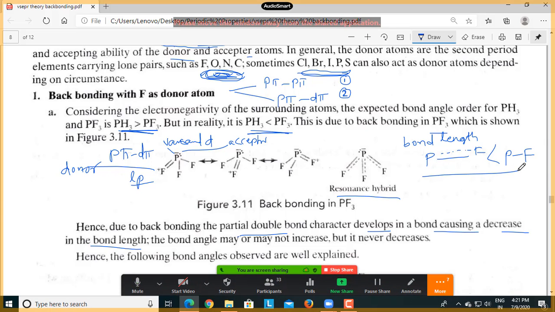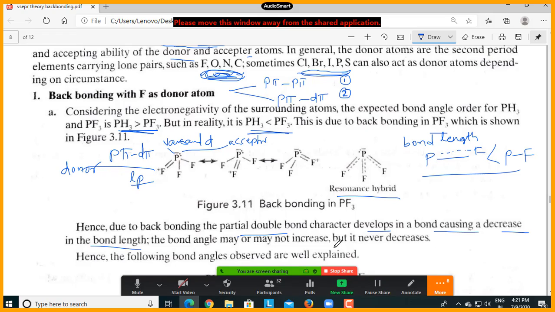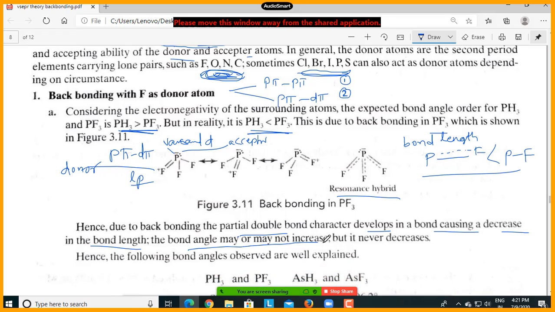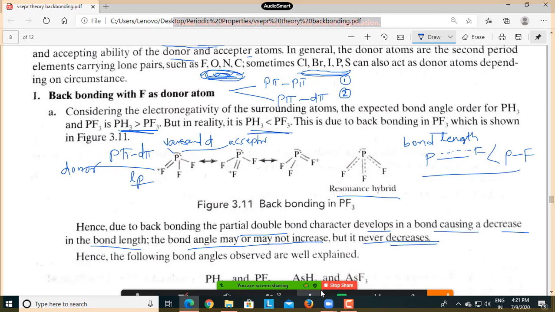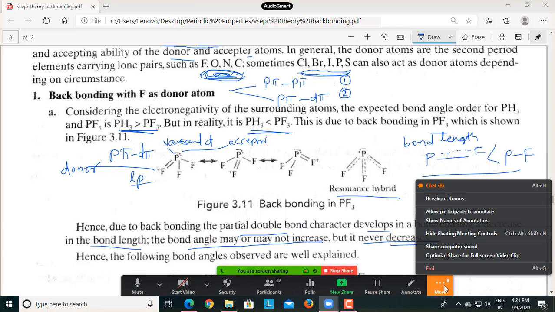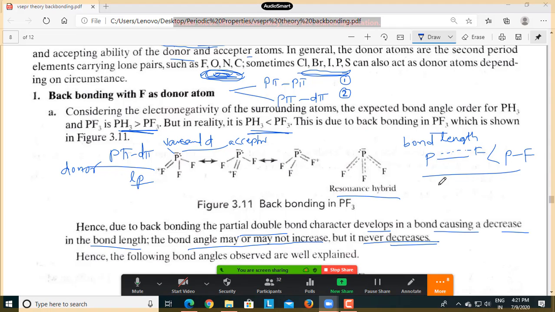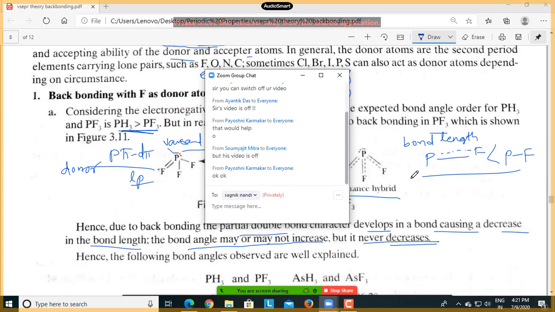Similarly, PH3 and PF3, already I told you this angle is PF3, तो इसका बॉन्ड एंगल ज्यादा हो.